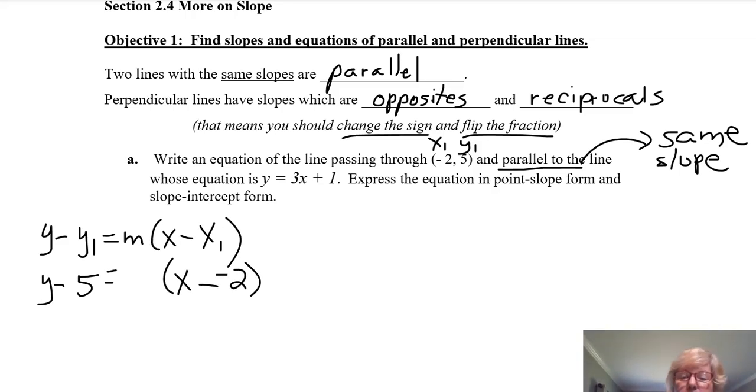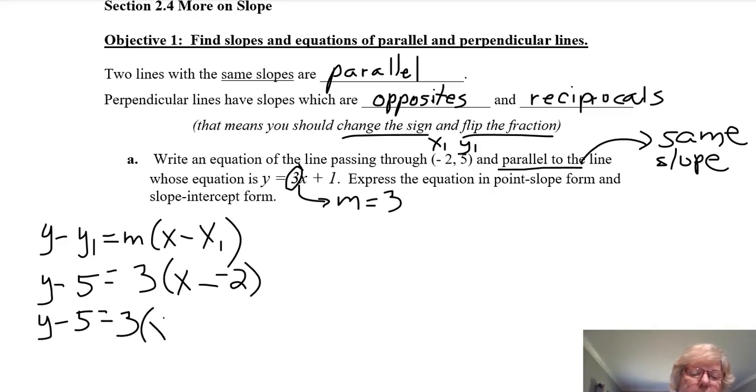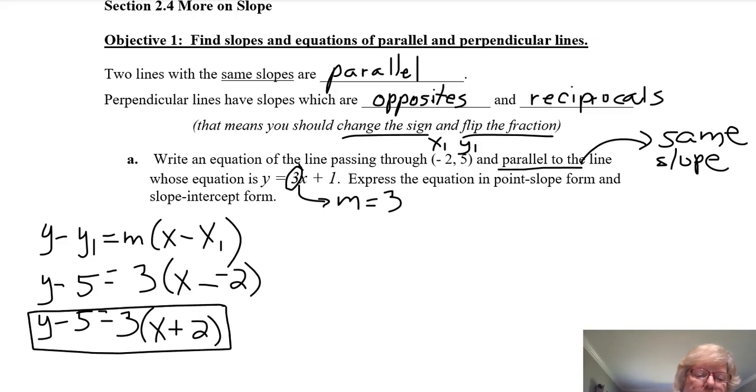The slope is going to be right here in front of the x of the line that we're comparing it to. So whatever that slope is, that's what I'll use for my same slope. Now if I just take care of my double negative, I would have y minus 5 equals 3 times x plus 2. This would be the answer in point slope form.